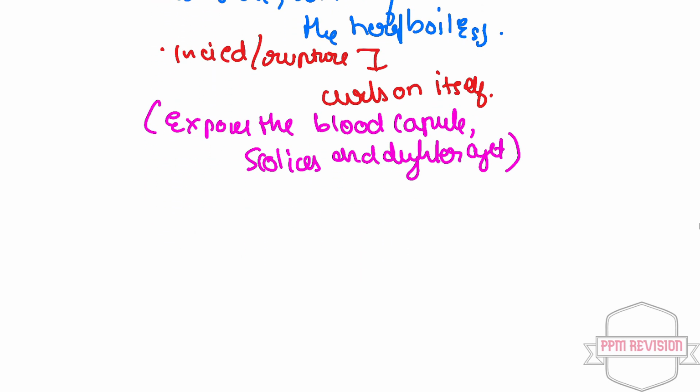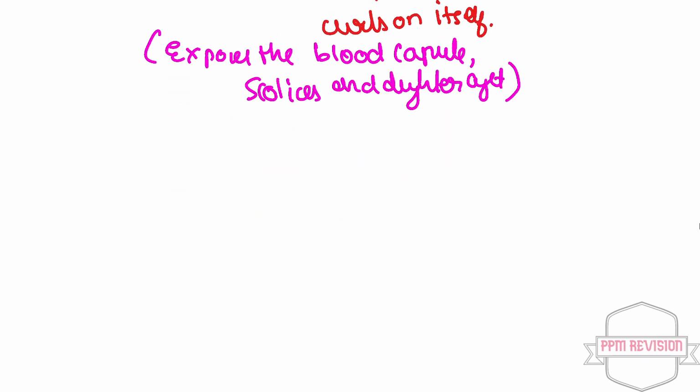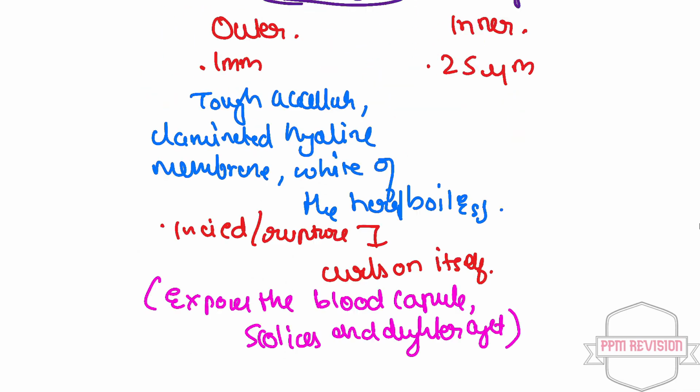Now looking at the endocyst, under the ectocyst it is the inner or germinal layer. The measurement is already spoken, and it gives rise to the ectocyst on the outer surface and the brood capsule.